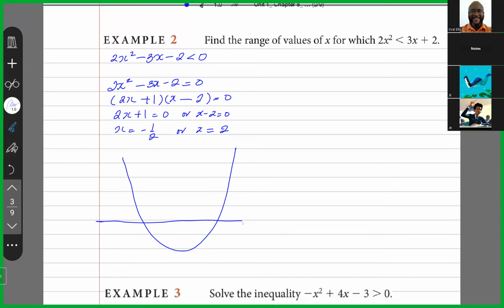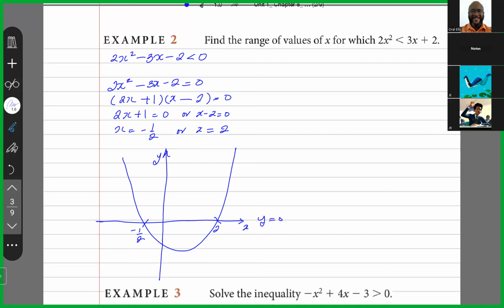So this is my x-axis, which is the line y is equal to 0. This is x is equal to 2. This is x is equal to minus a half. And my y-axis would probably be somewhere around here. All right, so this is my y-axis.